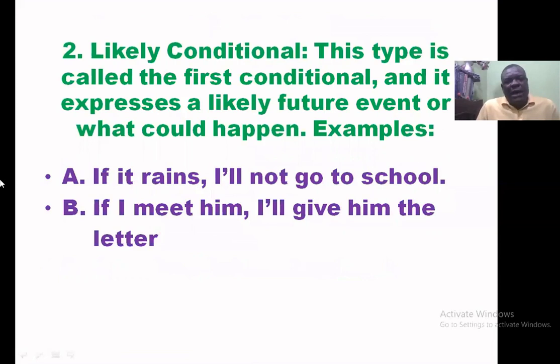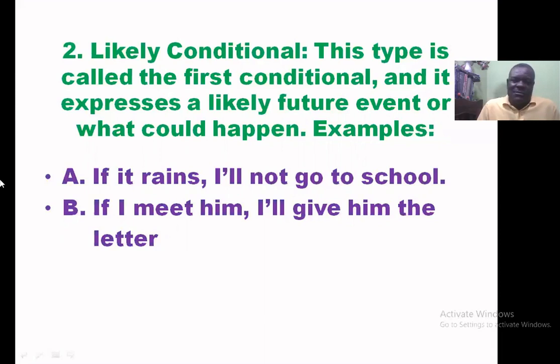And the second one is the likely conditional. This type is called the first conditional, and it expresses a likely future event or what could happen. For example, if it rains, I will not go to school. It's possible it could rain, and it's possible I will not go to school. B, if I meet him, I will give him the letter.